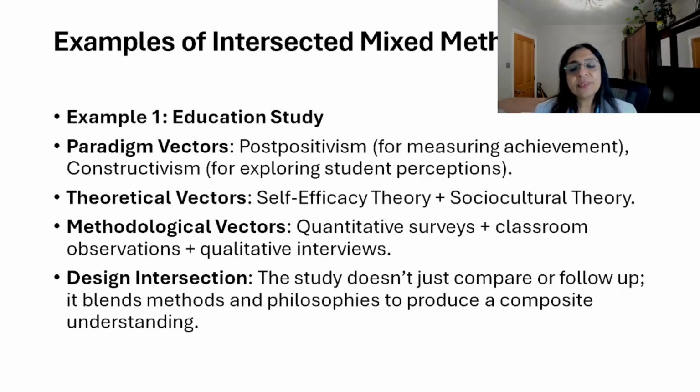Theoretical vectors: self-efficacy theory plus socio-cultural theory, and methodological vectors: quantitative and qualitative interviews. Design intersection: in other designs, it is mainly the methodological type of integration, but here the theoretical and paradigm vectors are used. The study doesn't just compare or follow up, it blends methods and philosophies to produce a composite understanding.